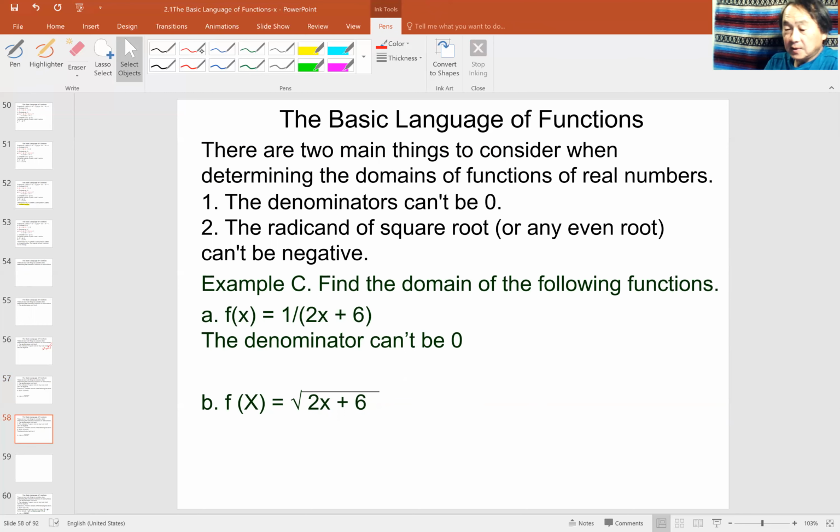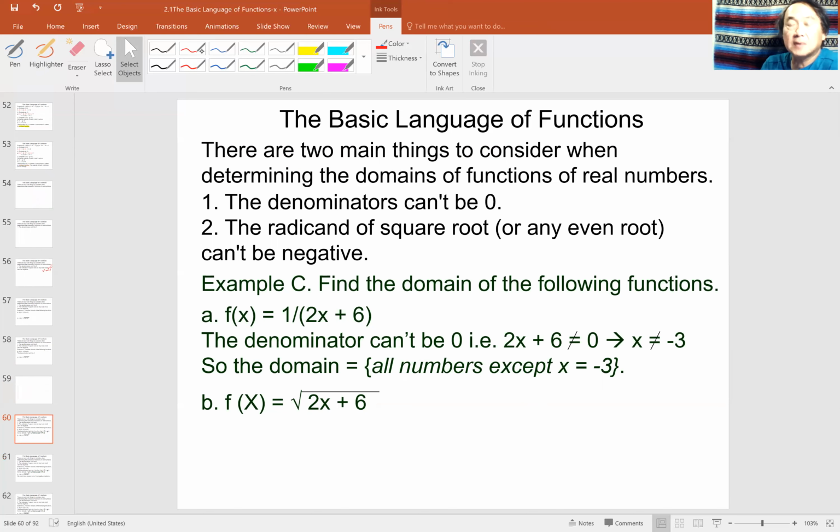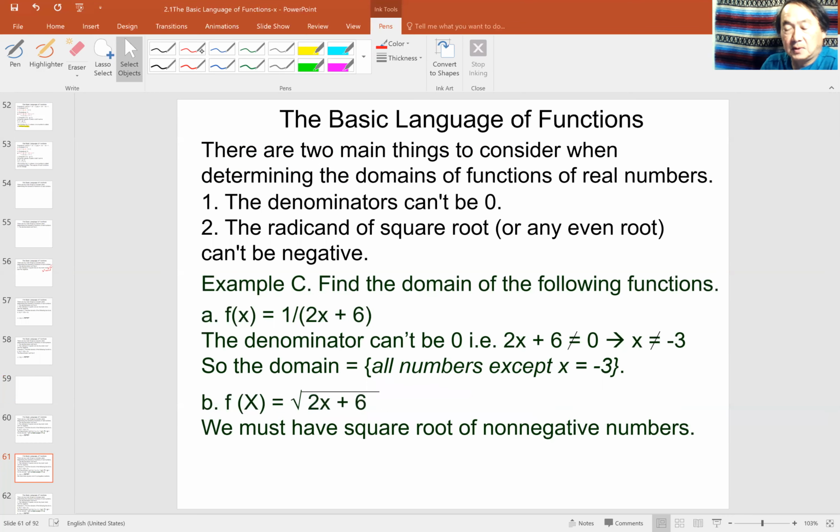So for the fraction, the denominator cannot be 0, so the domain can be every number except minus 3. If somebody wants to use this formula, you have to have a disclaimer saying you cannot use minus 3. The formula is undefined at that number.